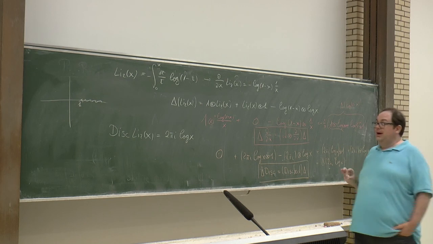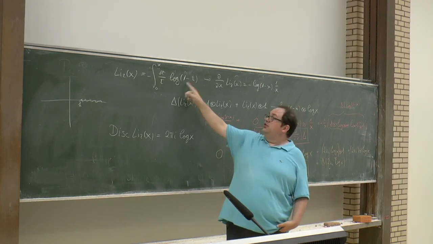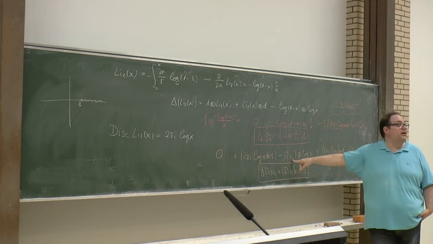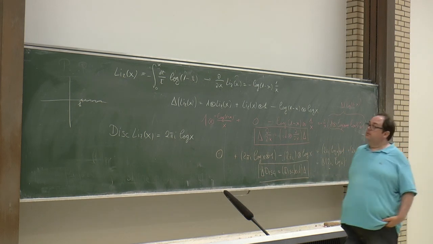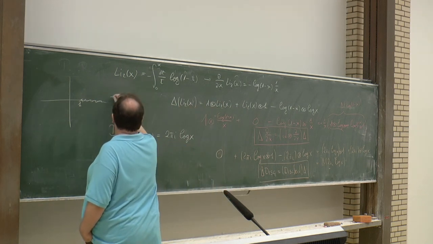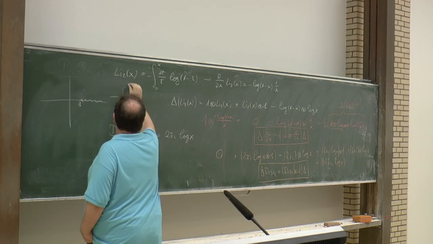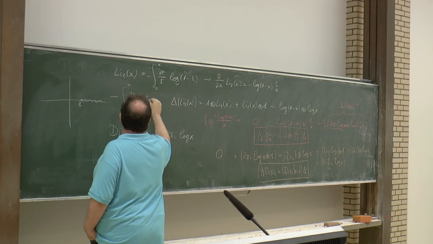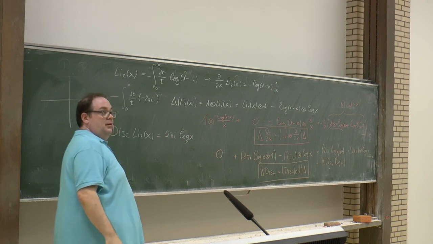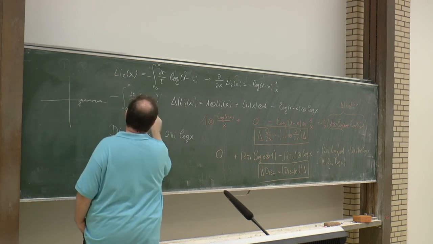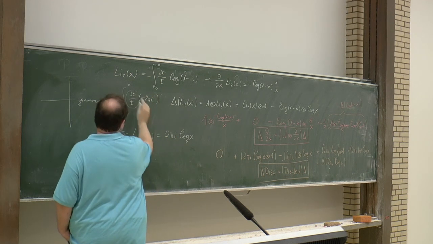Now, we become very hand-wavy. The discontinuity of this log is minus 2 pi I. So the discontinuity, when I cross the cut, gives me minus the integral from 0 to x of dt over t times 2 pi I. So I get plus 2 pi I times the integral of dt over t, which is a log.